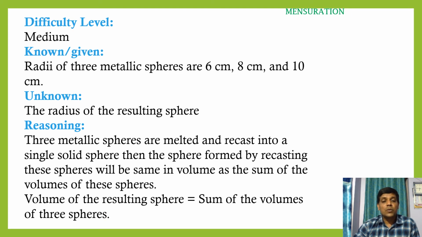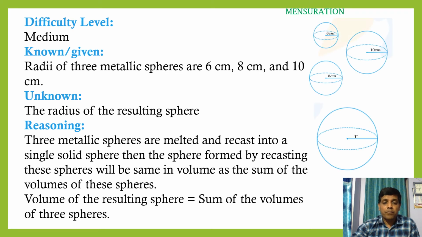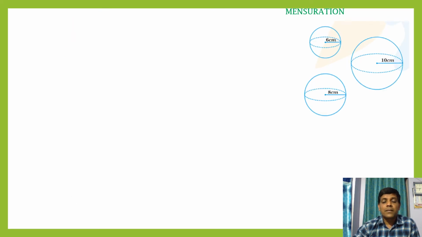So coming to the solution, before going to the solution, write the formula. What is the volume of a sphere? 4 by 3 pi r cube. Here three small spheres are given, so we represent them as R1, R2 and R3: 6 centimeters, 8 centimeters and 10 centimeters.